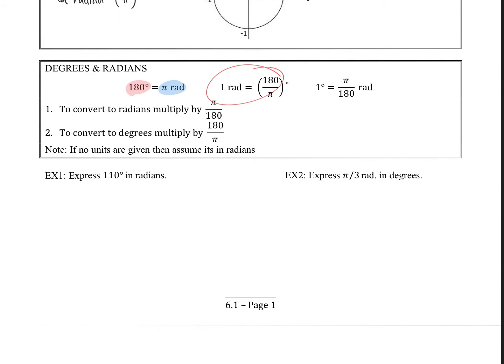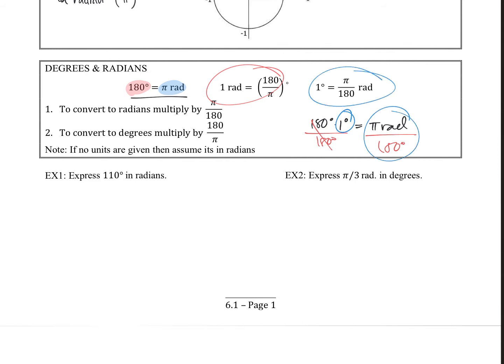If I wanted to get 1 degree by itself, remember 180 degrees is the same as 1 times 180 degrees. So starting with the original equation, I'll divide by 180 degrees, which means 1 degree is equal to pi radians over 180, which is the equation right here.